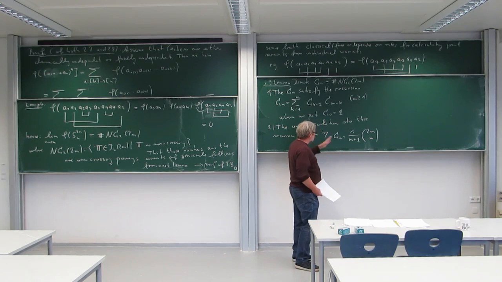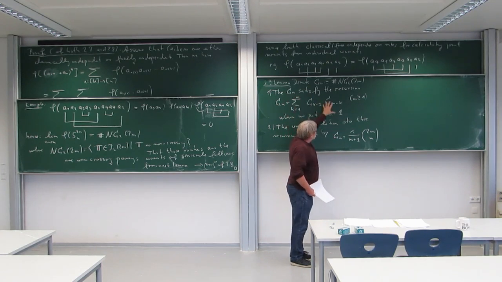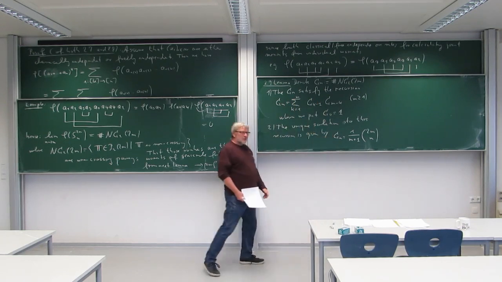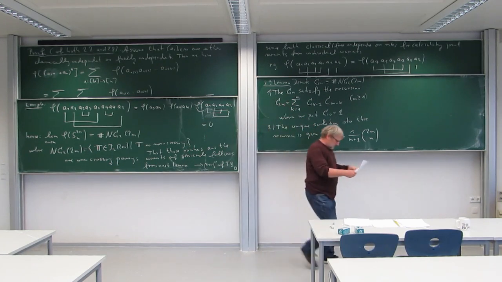I mean, either you can say Catalan numbers are those explicitly given numbers, but very often it's very advantageous to have this recursion, because very often you have a combinatorial problem which has a recursive structure corresponding to this.